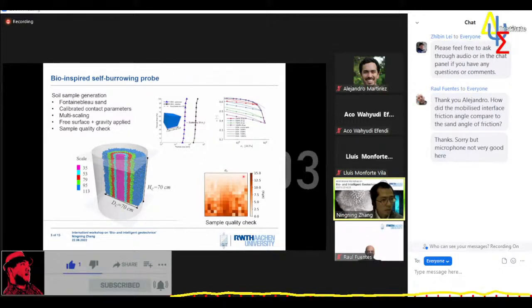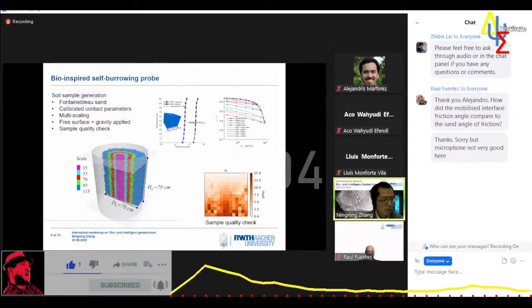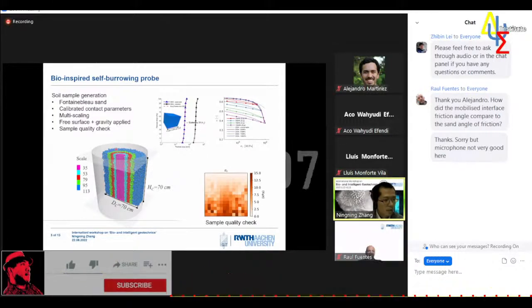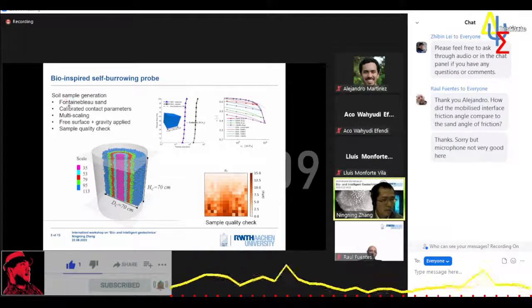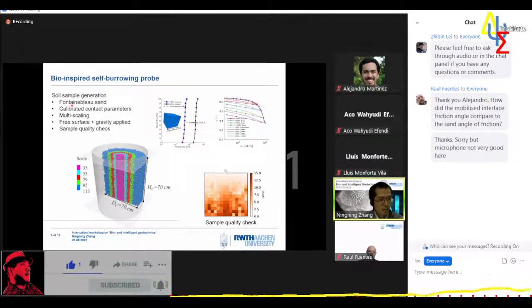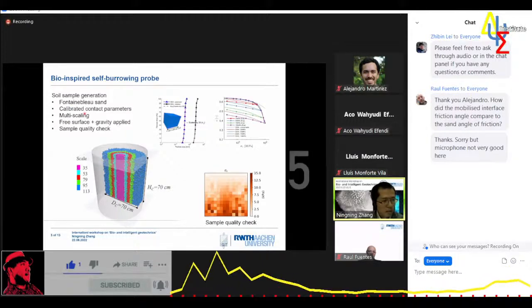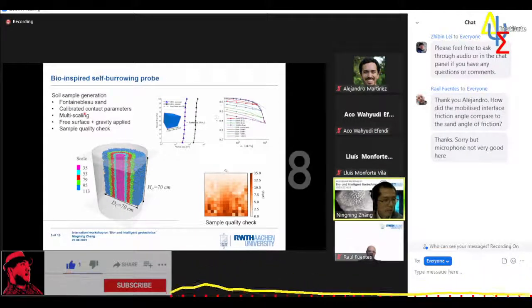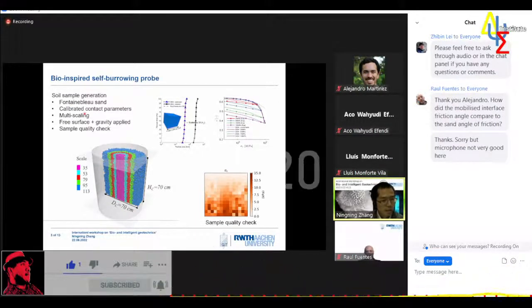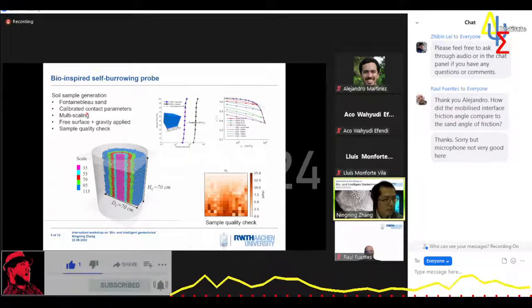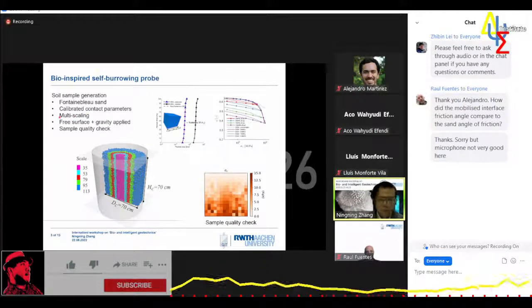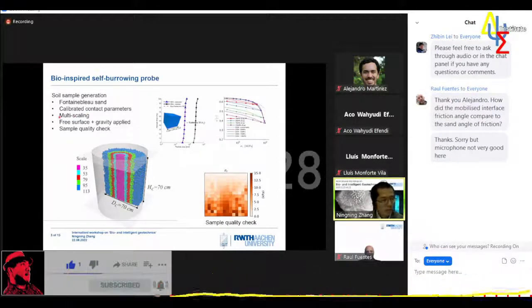We use the discrete element method to simulate mechanical properties of Fontainebleau sand, which is a siliceous sand. Contact parameters of Fontainebleau sand were calibrated against element tests, such as the oedometer test. A multi-scaling technique is applied to generate the soil sample.